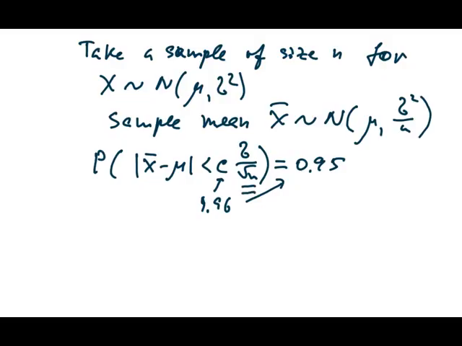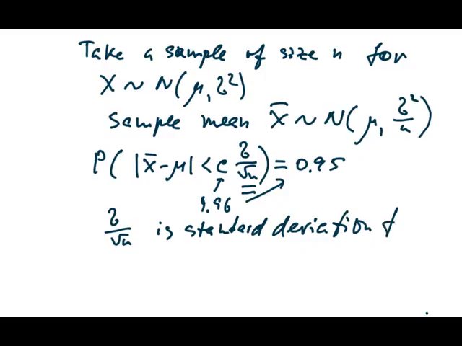This change from sigma to sigma divided by square root of n is because the variance is now sigma squared divided by n, so sigma divided by square root of n is the standard deviation for the sample mean x bar. And it is quite often called standard error.